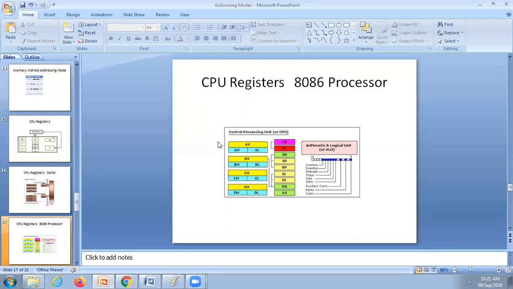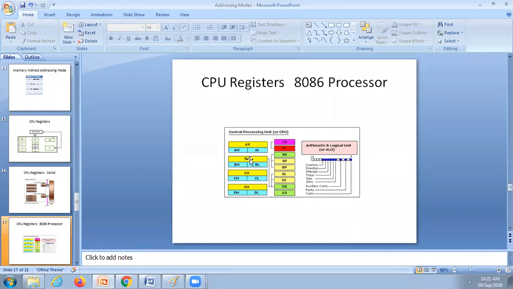This is a specific register set related to the 8086 processor, only an example. AX is a 16-bit register, again divided into AH and AL. AH means higher byte, AL means lower byte.